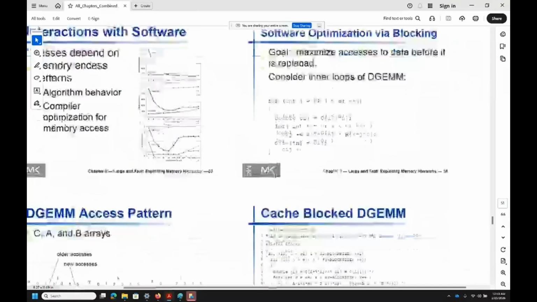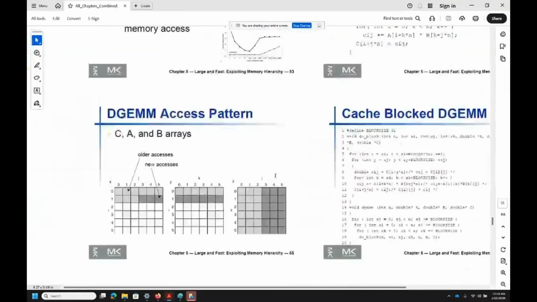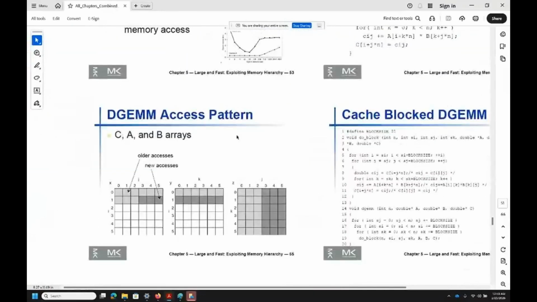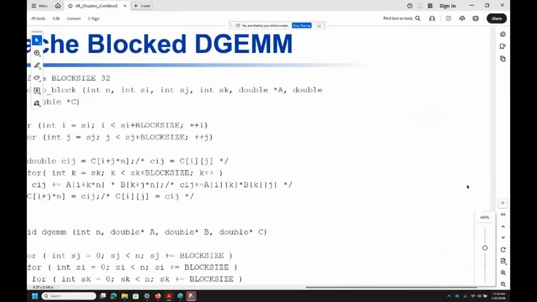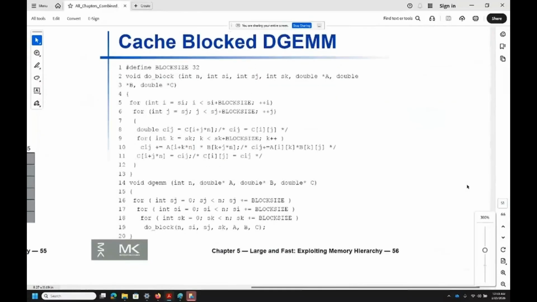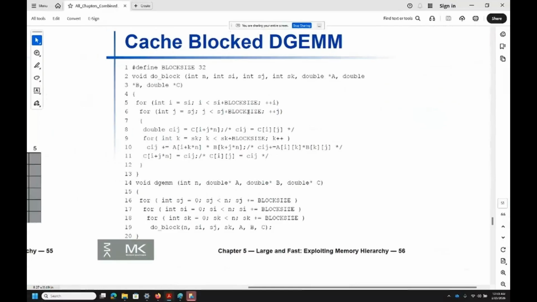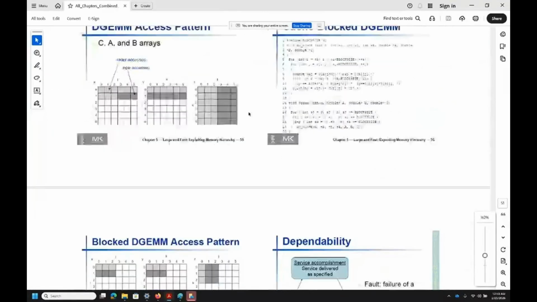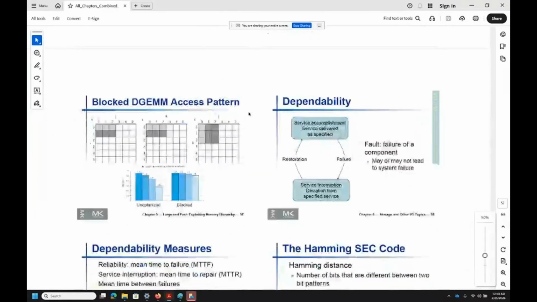Normally it's just written the plain way, but instead you can choose to access the data in blocks at once. Here you have defined the block size as 32, and then you've defined a function, and inside that function you are incrementing in steps of the block size, and doing the computations keeping the block size in mind. So this program will run quite a bit faster than the unoptimized one.